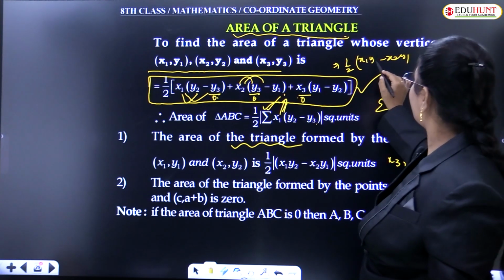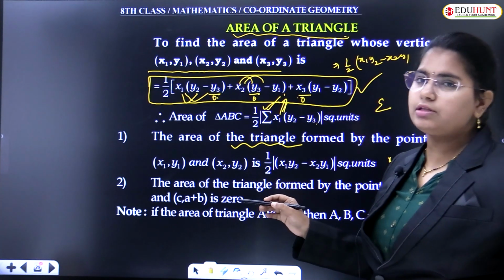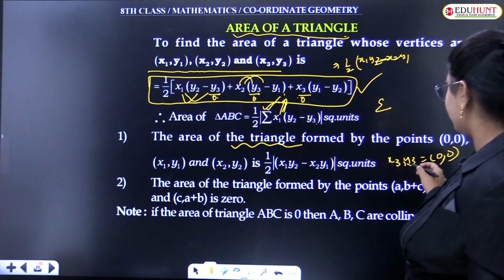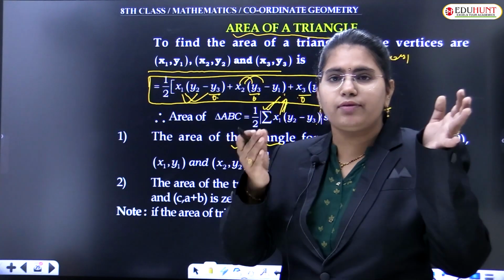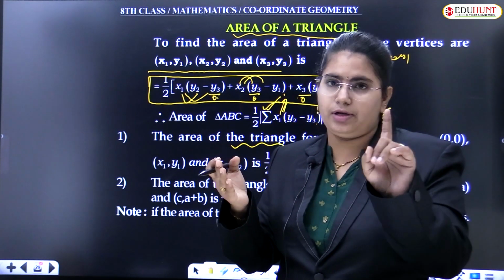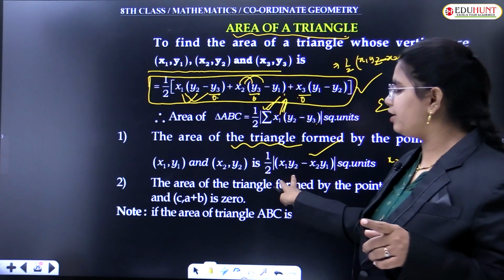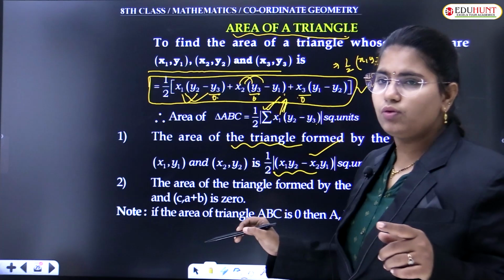The whole part multiplied with 0 is 0, so that is the result we got here. So if any one vertex out of the three is 0, 0, then the formula we get is half modulus of x1 y2 minus x2 y1.